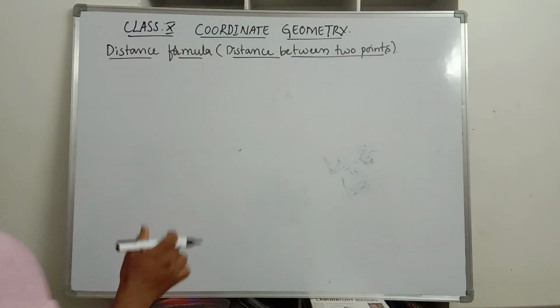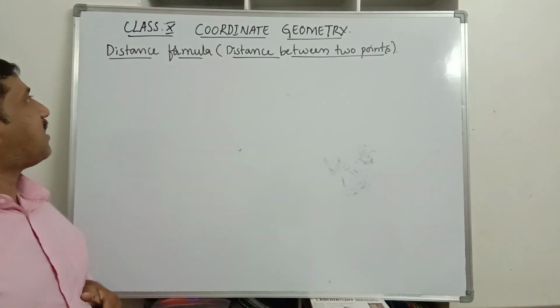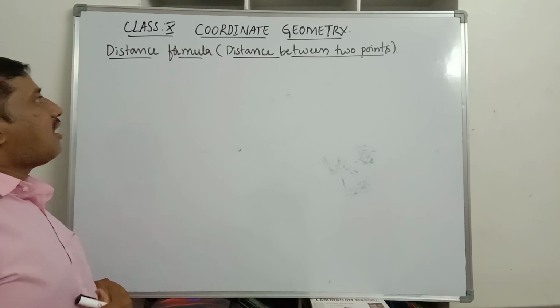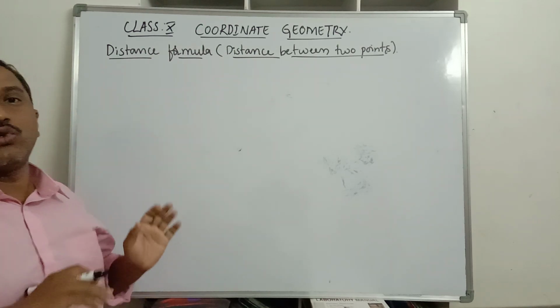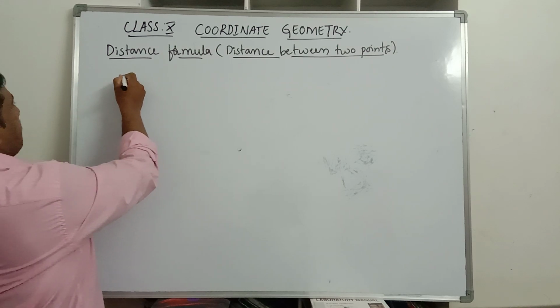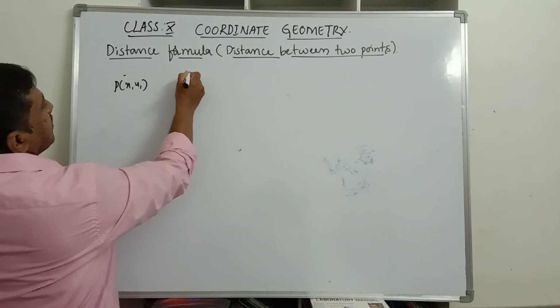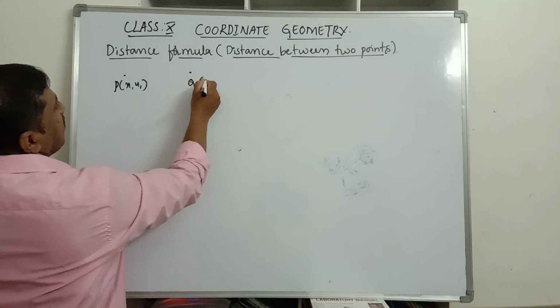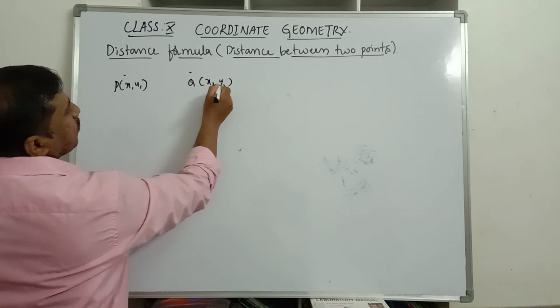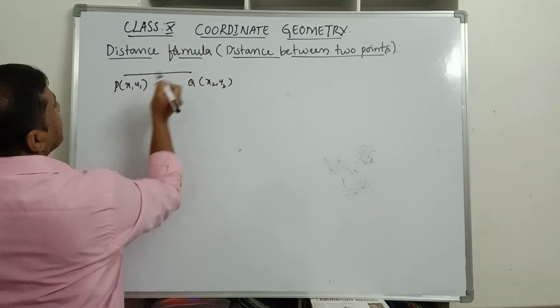Now we will discuss the first concept of class 10 coordinate geometry: the distance formula, or distance between 2 points. For example, let P be a point with coordinates (x1, y1), and Q be a point with coordinates (x2, y2). Then by joining these 2 points we will get a line segment.